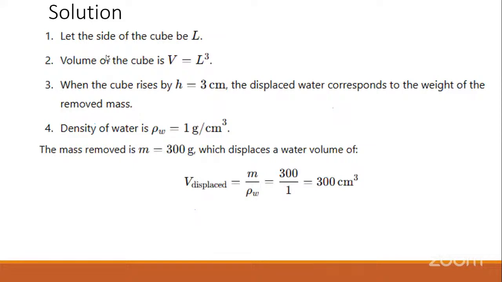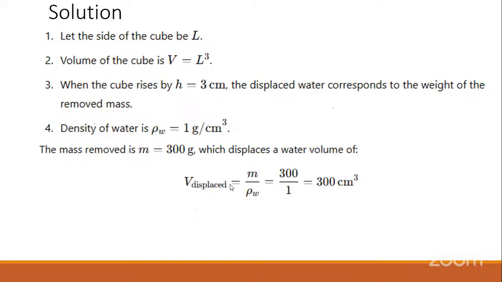So here, the volume of the cube, V, is equal to L cubed. The cube rises by h, which is 3 cm, and the density of water is 1 gram per cm cubed. The mass removed is 300 grams.